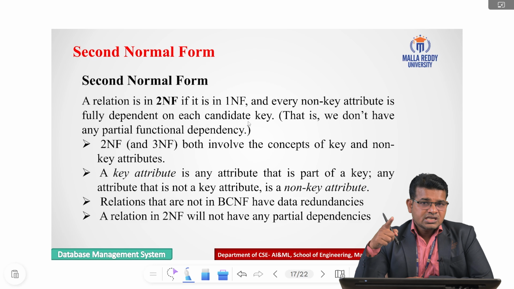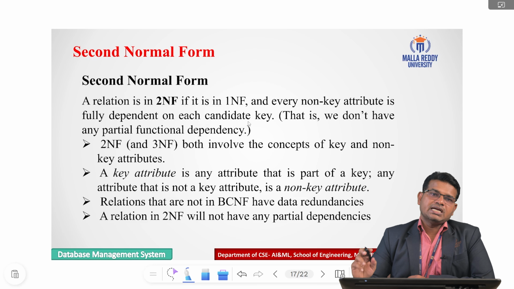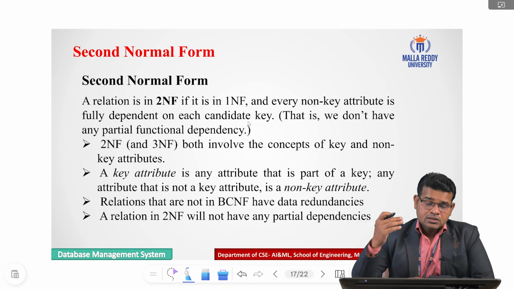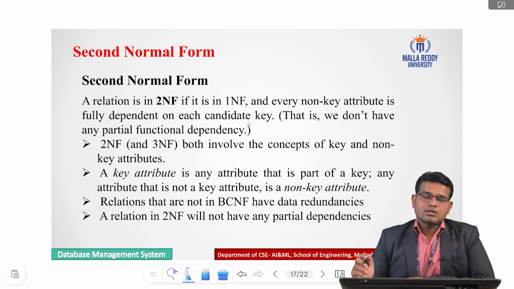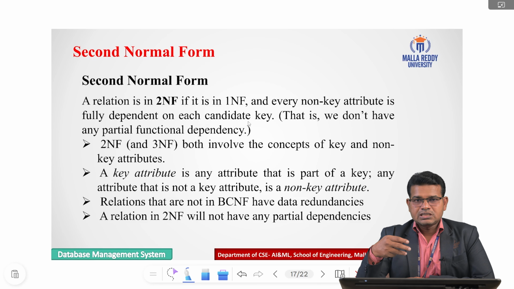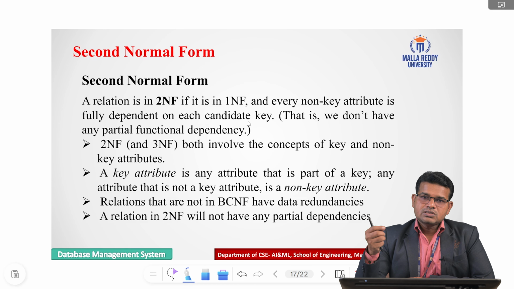A minimal set of super key is called a candidate key. What is a candidate key? Minimal set of super key. That means the minimum number of attributes subsetted from the super key which are required to identify each row uniquely in the table, in the relation.